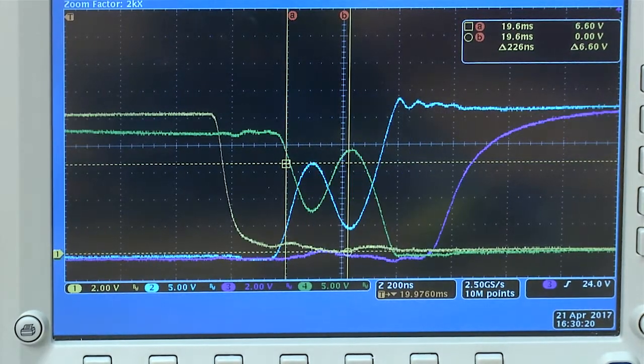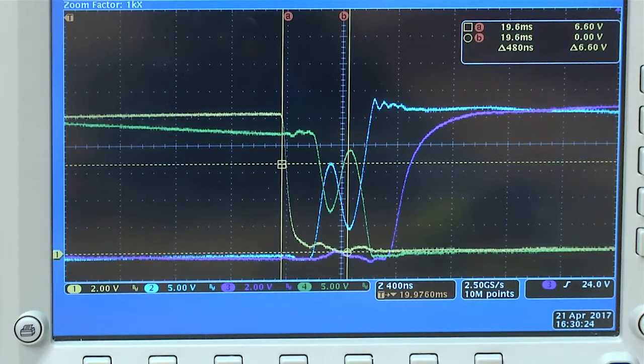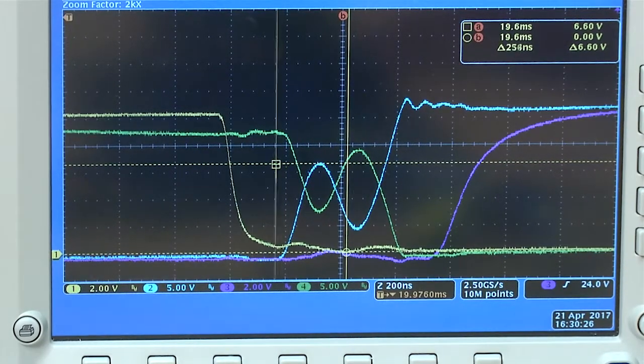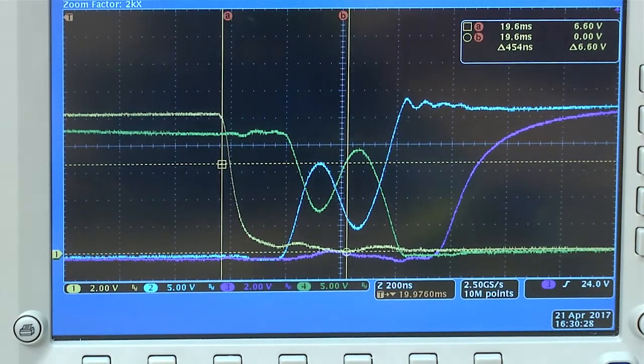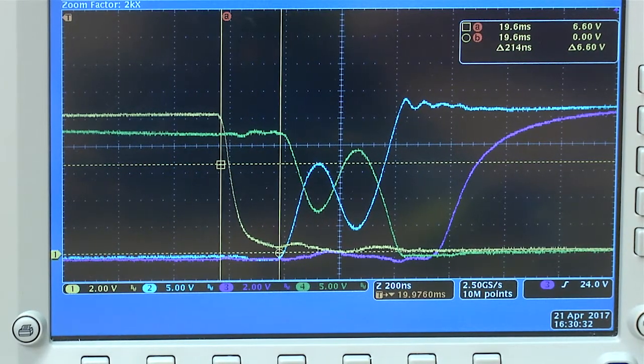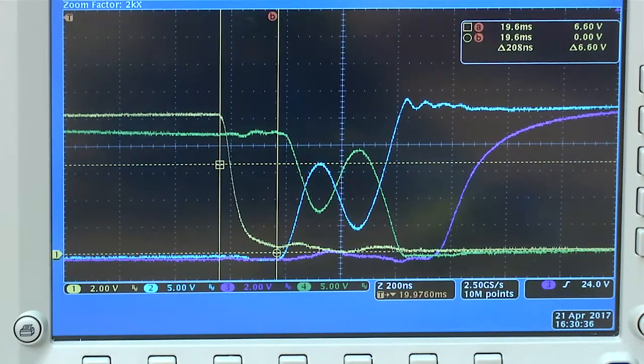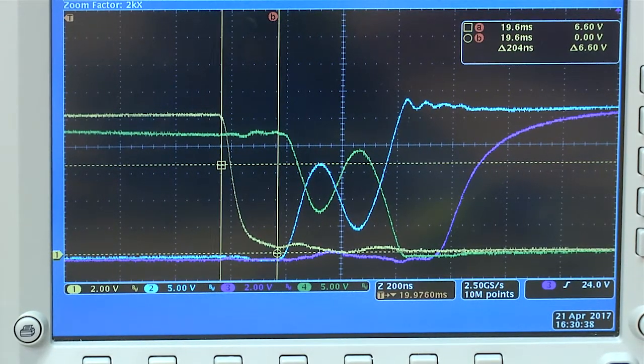As I mentioned, the yellow signal is our SR gate drive, and it turns off at this instant right here. The moment the secondary side current goes to 0 is right here. So the dead time measures around 204 nanoseconds.